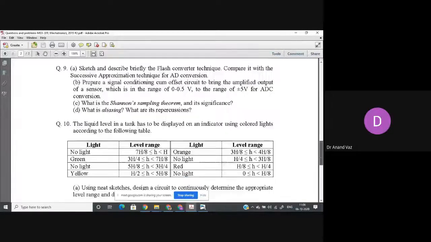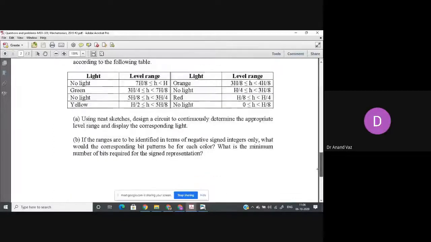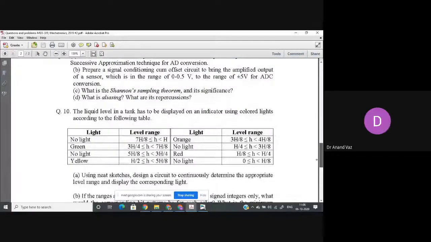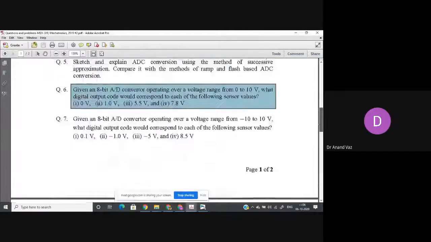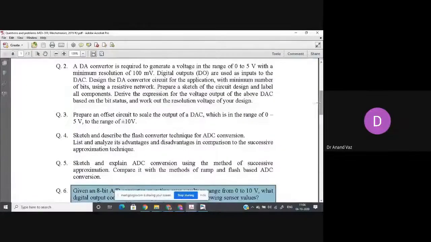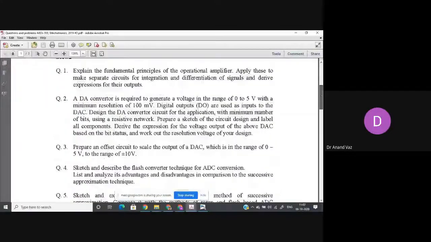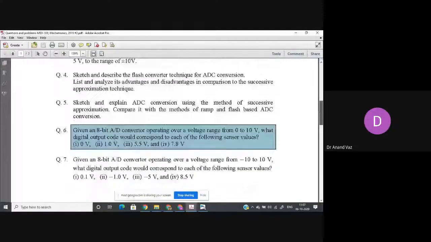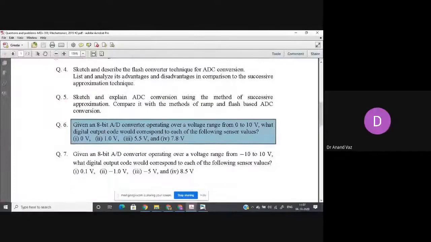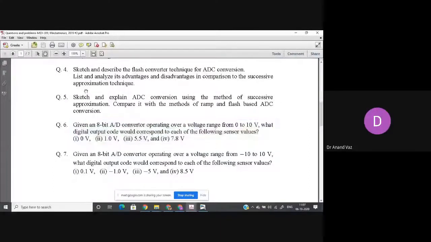So there are several problems here, and I think we can conclude this part of our discussion here. A few problems only in this assignment sheet, not many. So I think there should not be much of a difficulty.